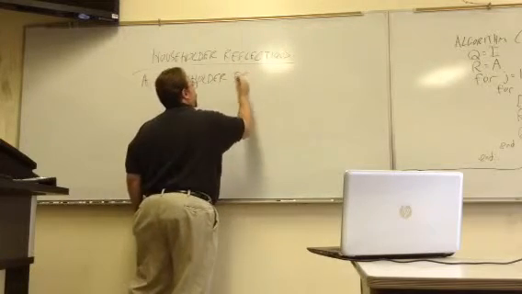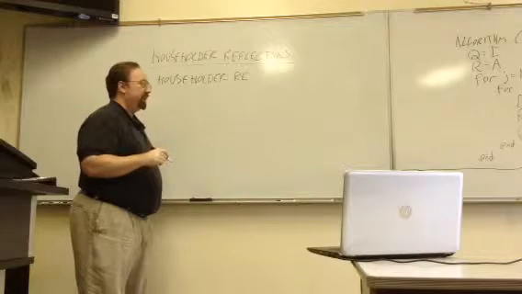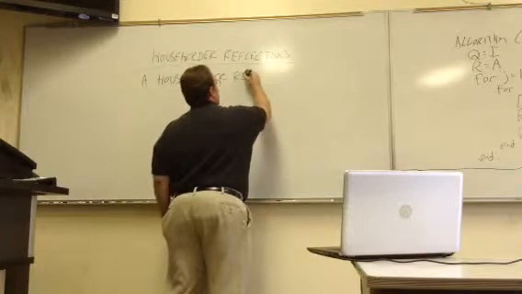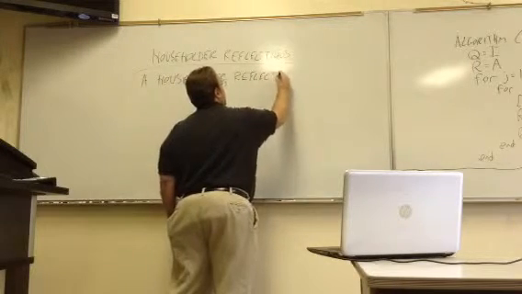Alston Householder was a famous numerical linear algebraist, mostly active in the 60s and 70s.